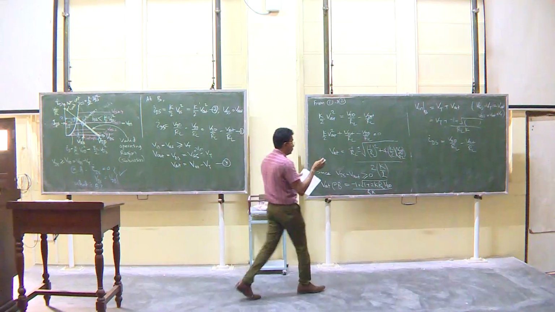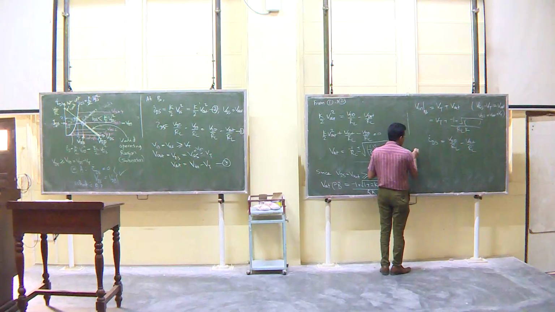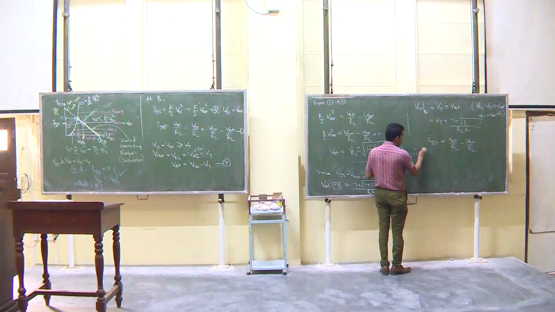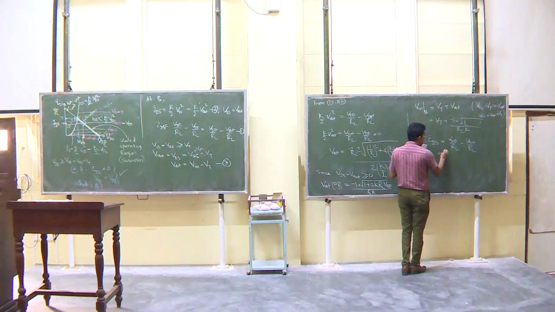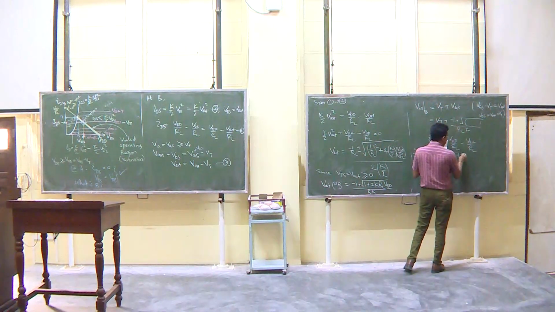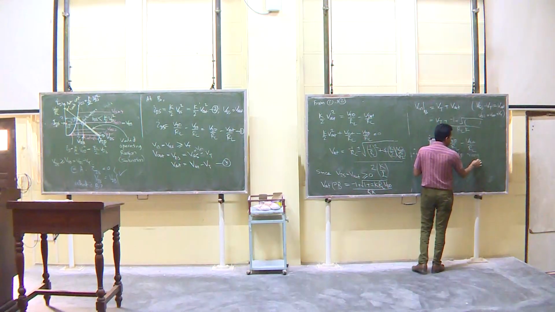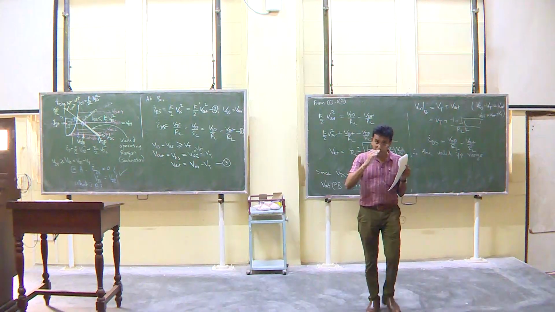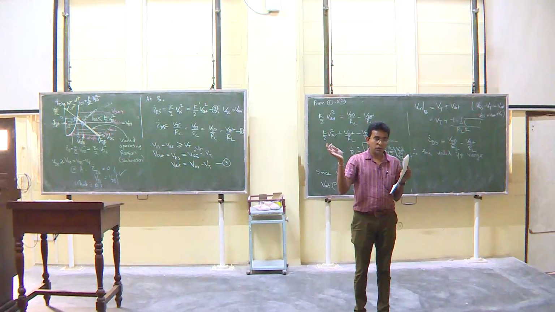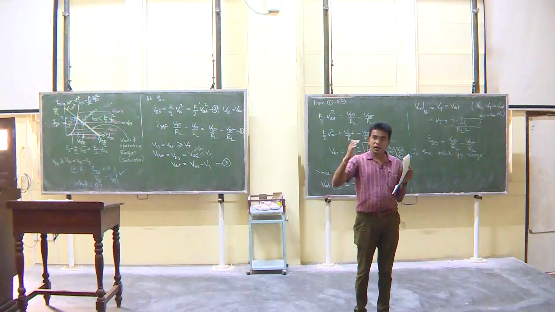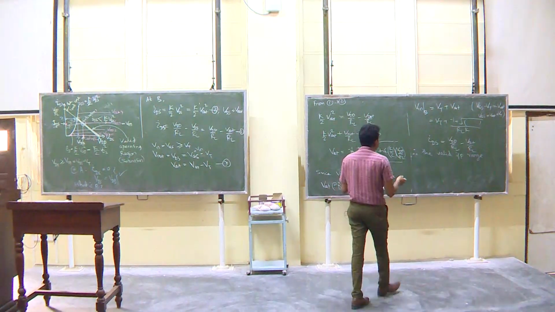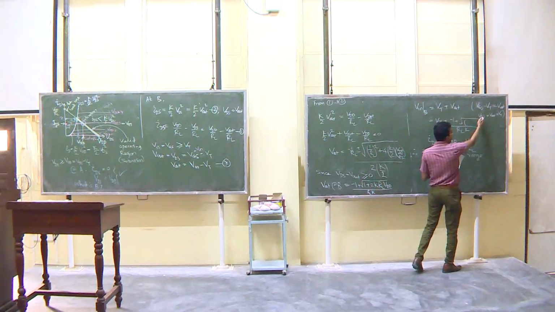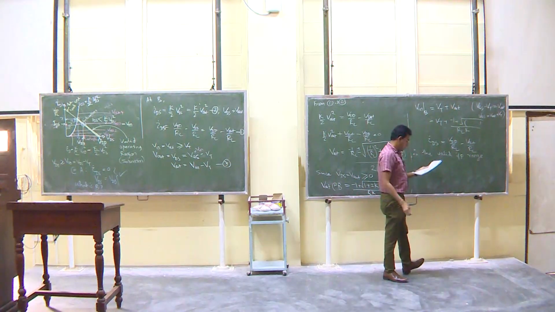So, the valid input range. I know already that V input or VGS has to be greater than V threshold, and this will give me the maximum value for VGS. So, this is the maximum input voltage that we can apply.